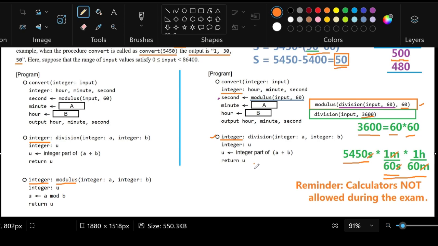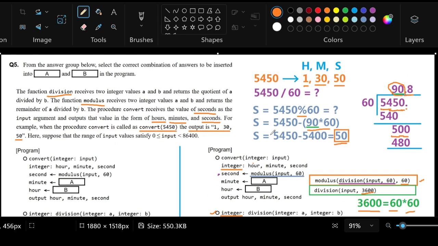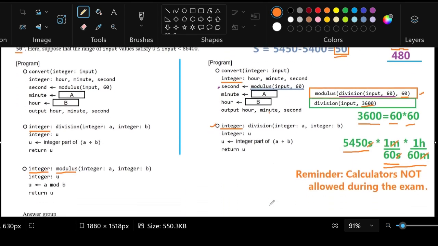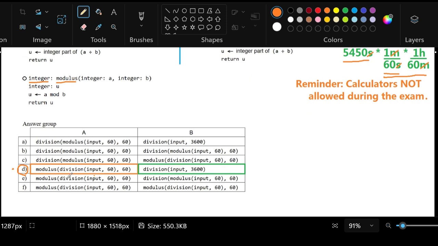Okay, so again, our output should be 1, 30, 50, and when we use the equations, in this case the functions, in the answer group D, it would give us the outputs that we are going for. Okay, all right.